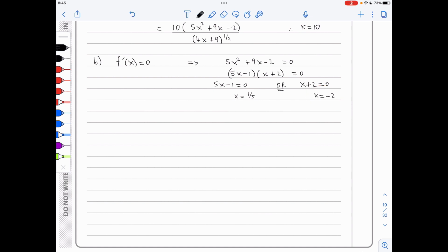So we start by saying that at P, x is negative 2, and therefore f of negative 2 will be 5 times negative 2 squared minus 2, (4 times negative 2 plus 9) raised to the power of a half, which gives an answer of 10, and therefore P has coordinates negative 2, 10.